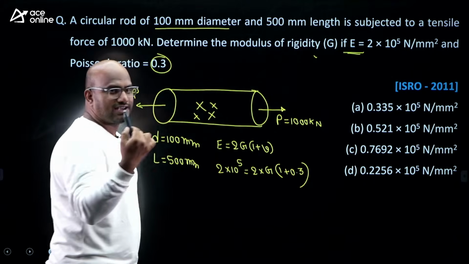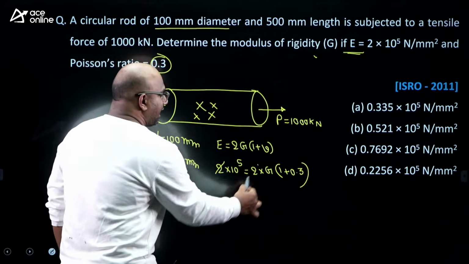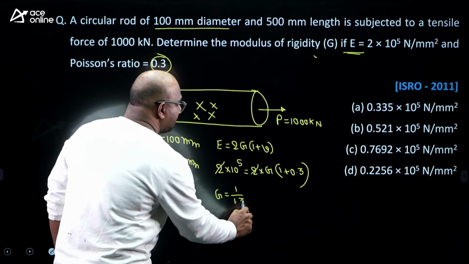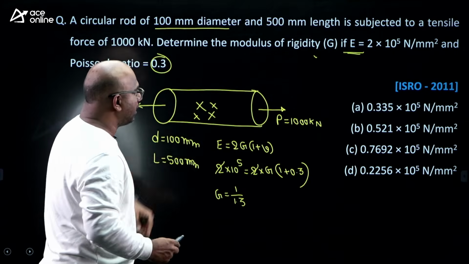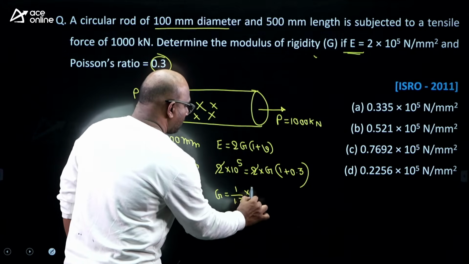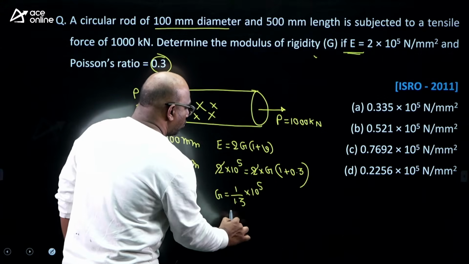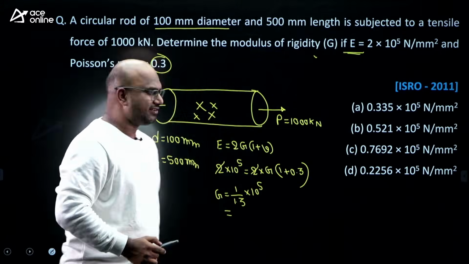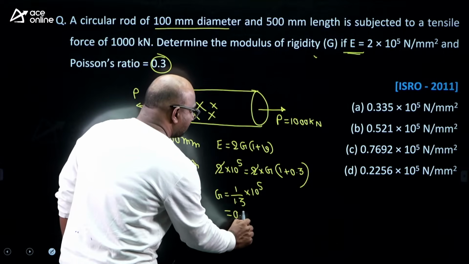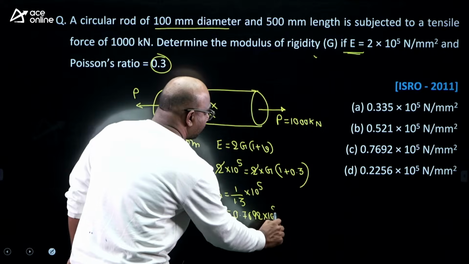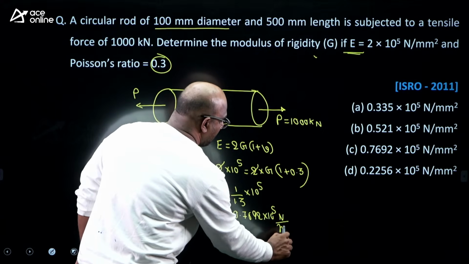So how much is coming here? 2 getting cancelled. So I can write G equal to 1 by 1.3 into 10 power 5, guys. 1 by 1.3 means how much, guys? Approximately, it is 0.769. Approximately 0.7692 into 10 power 5 Newton per mm square, guys.